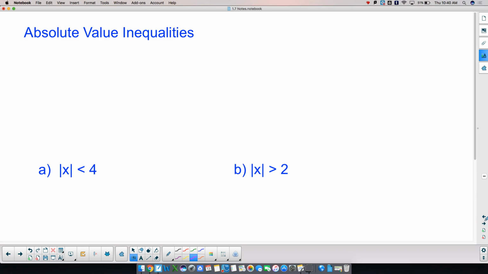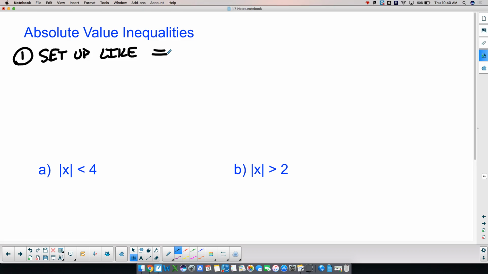So, now, let's go to absolute value inequalities. Okay? An absolute value inequality is done exactly the same way. Except the steps are tweaked a little bit. So, I set up like an equal sign. So I still do my 2 equations.